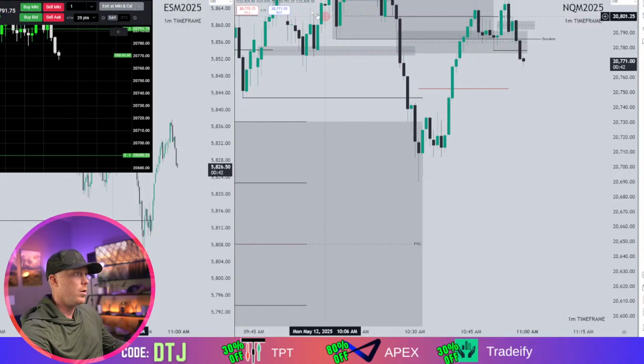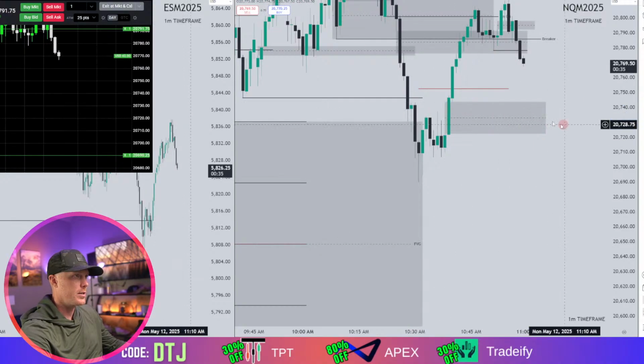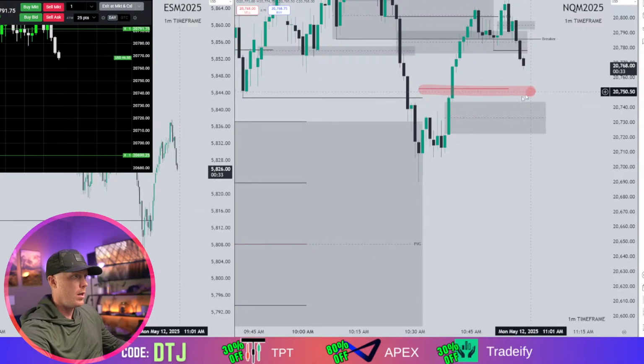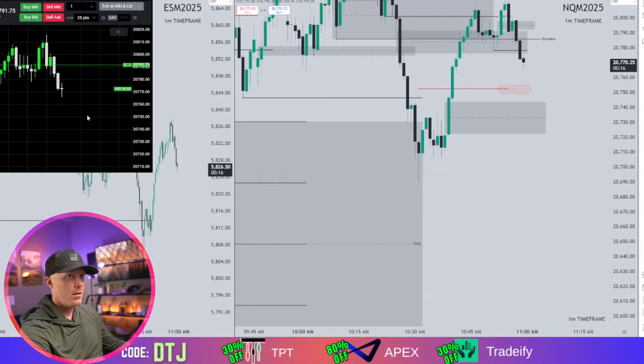But if we don't get past this, this will be my other target here. So we got 3 targets: the midpoint, the last fair value gap, and the swing low down here. Those are the 3 targets. If we get resistance here, I might close the trade. If we don't go any lower, it's going to hit my stop loss at break even.